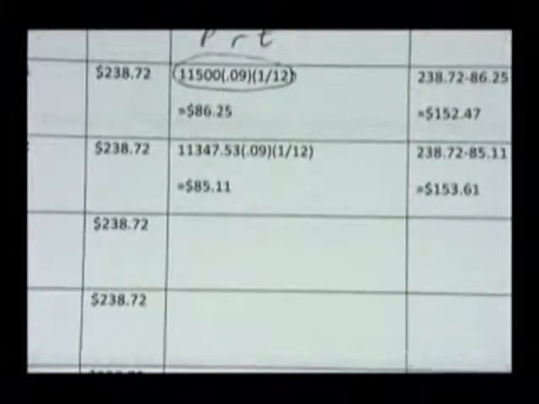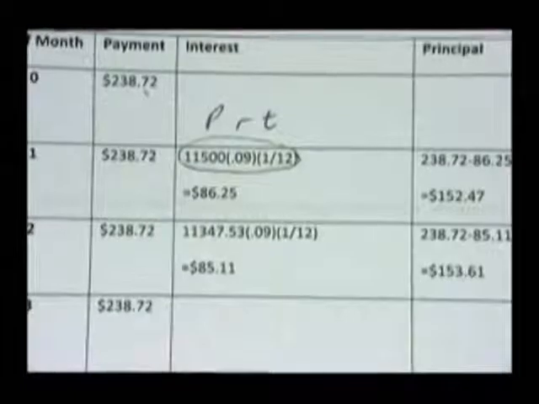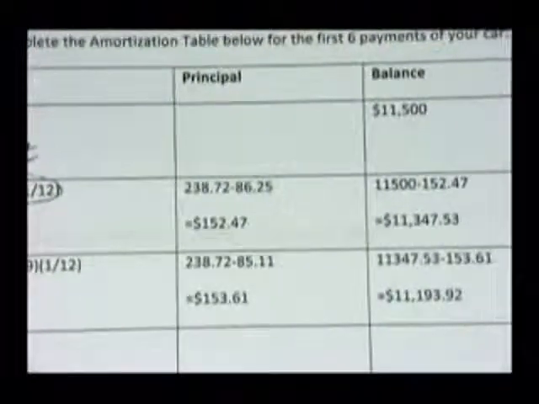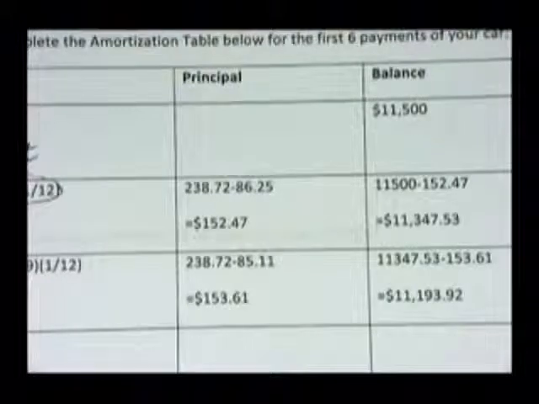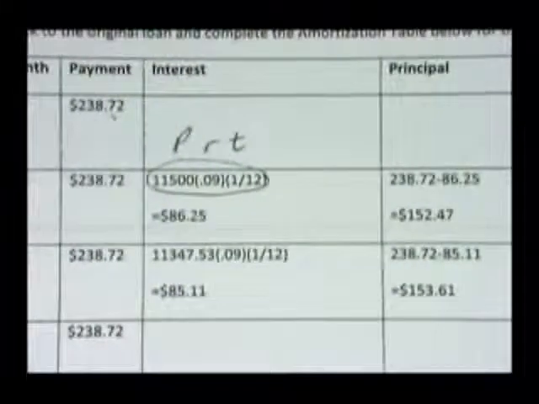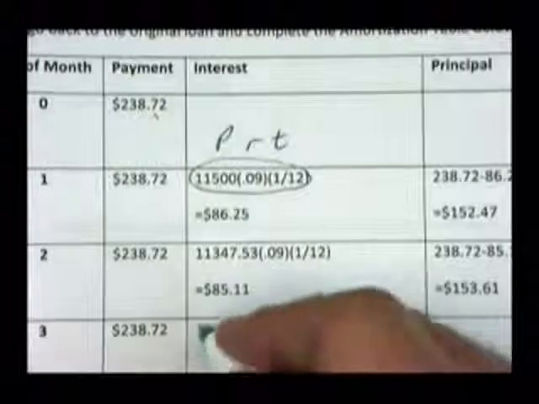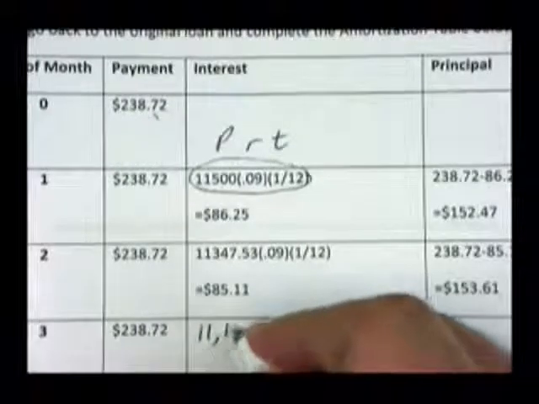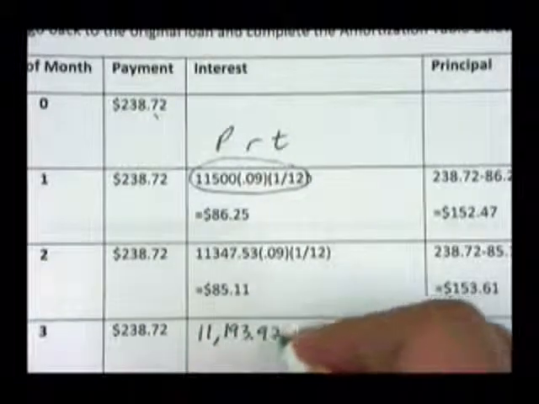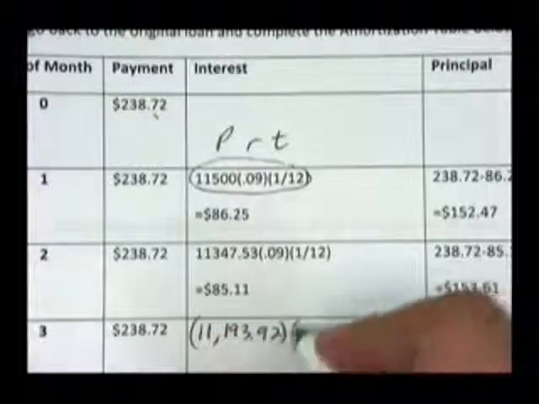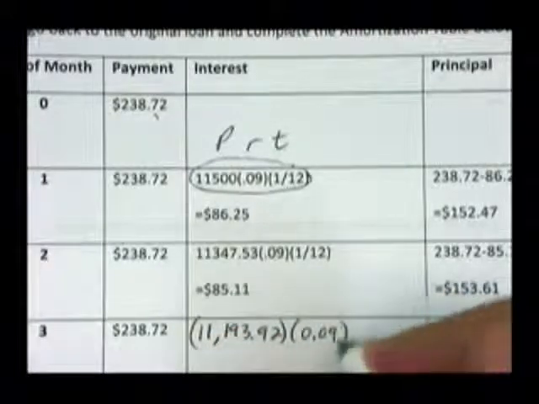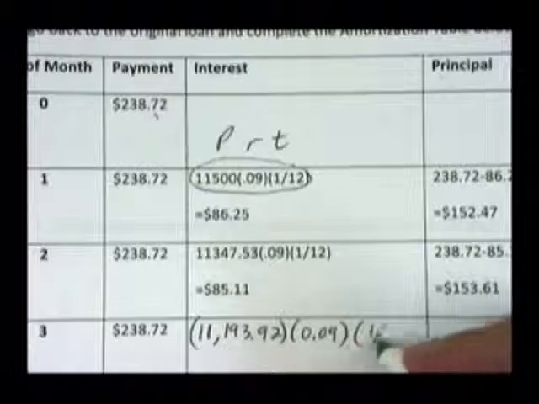What we would do is start off with finding out what our interest is, and we would do that by figuring out what our balance was from the last time, which is 11,193.92. So we'd take 11,193.92 and multiply by the interest, 0.09, times the time, which is 1/12.